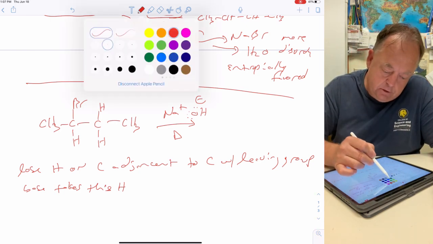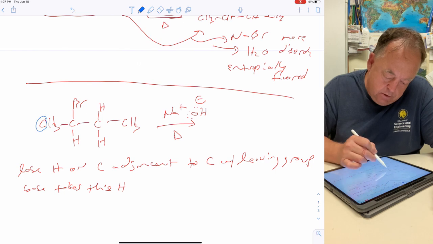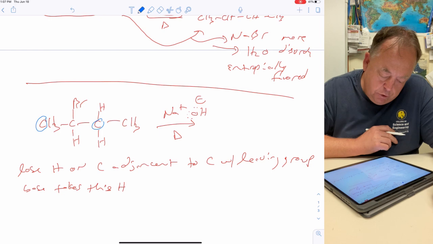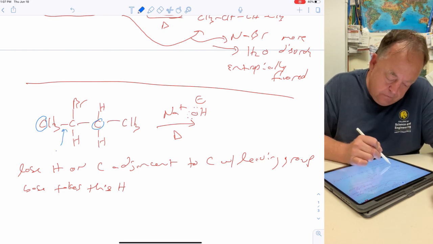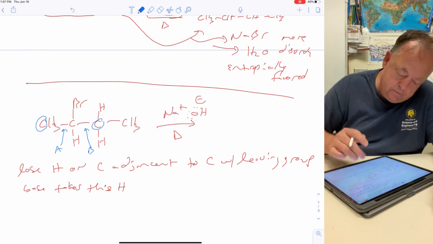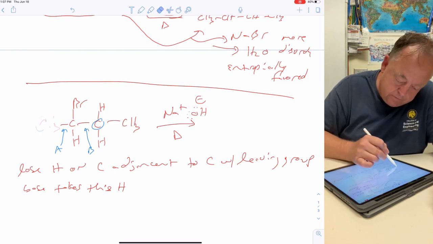So for this reaction, that would mean this carbon and that carbon. Those are the ones adjacent to the carbon with the leaving group. So you could put the double bond here, or you could put the double bond here. If you lost, well, let's sketch these hydrogens out.